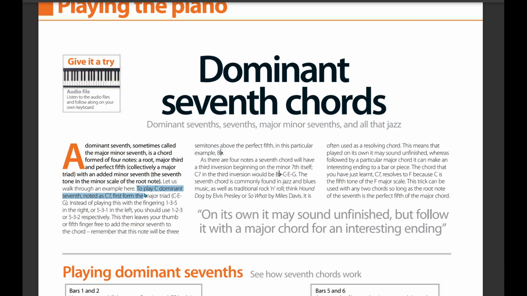first play the major triad, C, E, G. Instead of playing this with fingering 1, 3, 5 in the right hand or 5, 3, 1 in the left, you should use 1, 2, 3 or 5, 2, 1 respectively. This then leaves your fourth finger free to add the minor 7 to the chord.